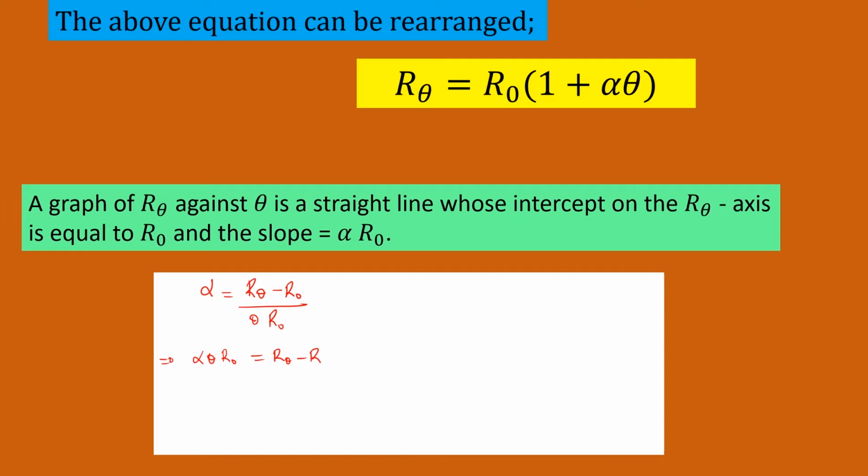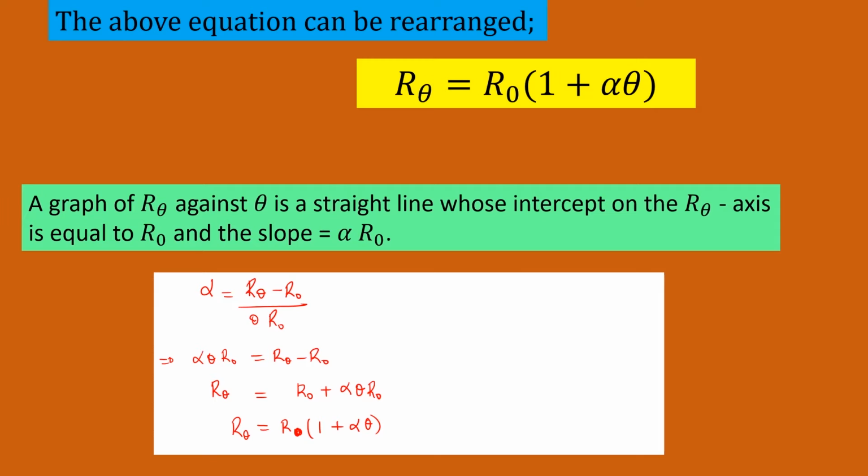When you make R theta the subject, R theta becomes R0 plus alpha theta R0. You factorize out R0, and this becomes R0 times (1 plus alpha theta).